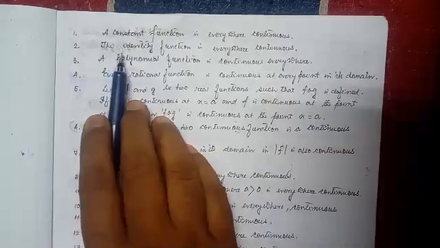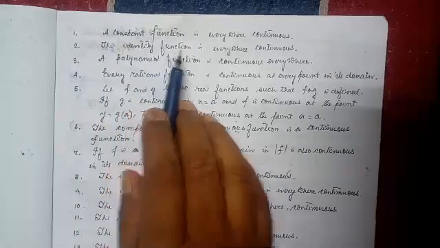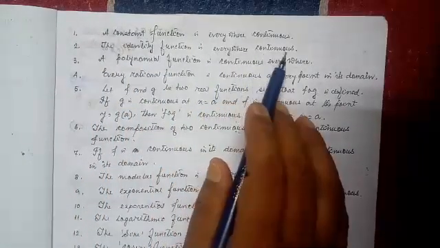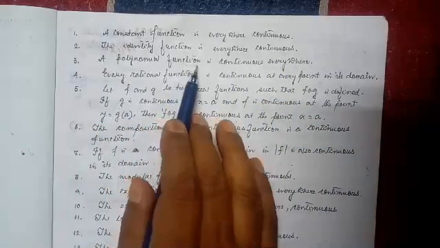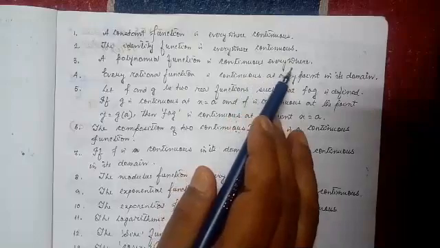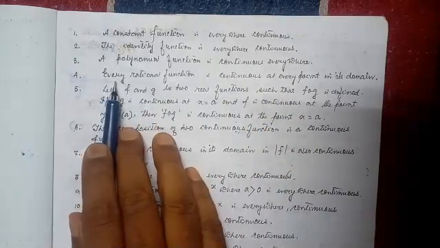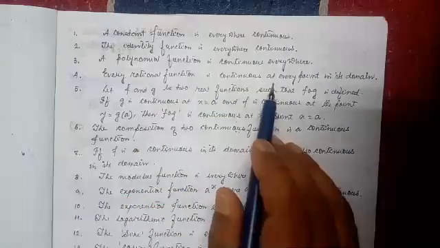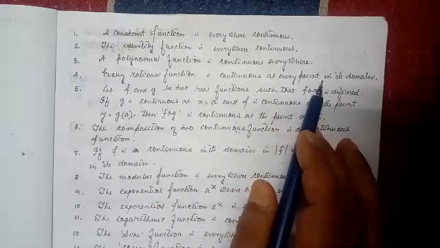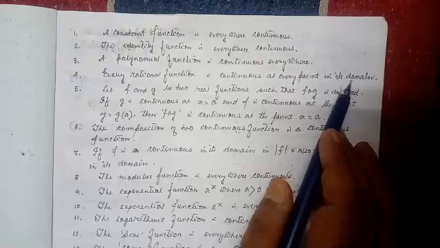Second, the identity function is everywhere continuous. Third, a polynomial function is continuous everywhere. Fourth, every rational function is continuous at every point in its domain.